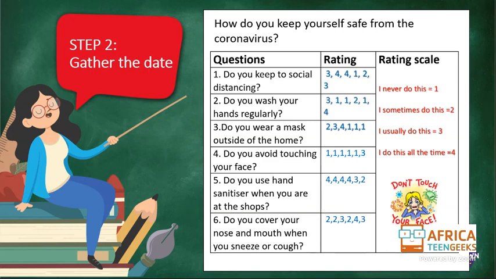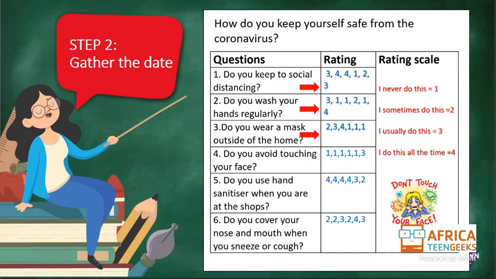Who shall we choose, Heidi? Miss. Hello, who's that? Shakira, Miss. Shakira. Hello. Okay, now do you keep to social distancing? So you answer with a 1, 2, 3, or 4. 3. Good. Do you wash your hands regularly? 4.